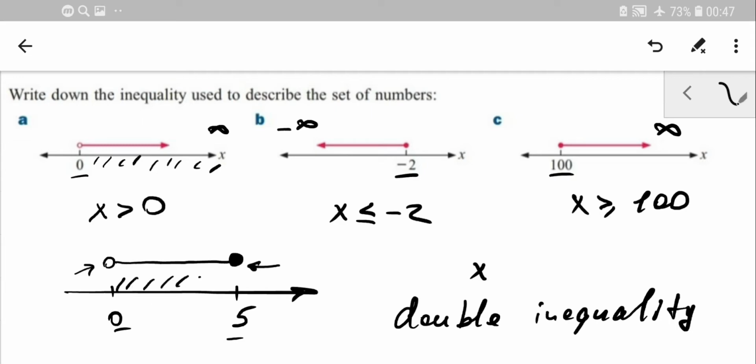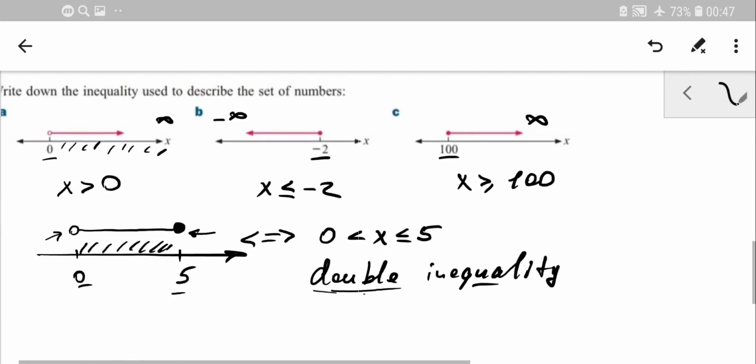X might be anything in between 0 and 5, but the left boundary is not included, so x is more than 0, but the right boundary is included. That's why it's a filled-in point. And you can convert it into this sort of inequality. So it's written as a double inequality.